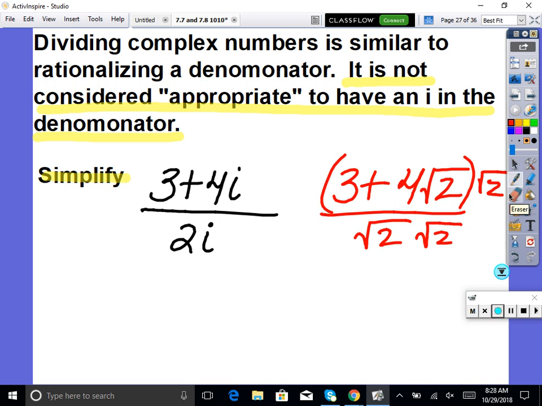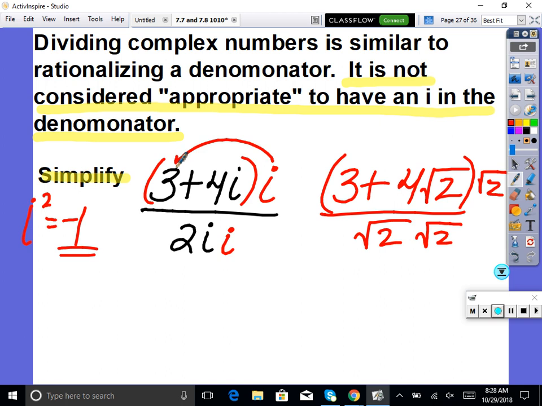So if you can remember, what is i squared? Negative 1. Well, negative 1 is not an i. So let's make this i go away by multiplying by i. So let's times by i on the bottom. 2 terms on top, so we times by i on top. So now we need to distribute i through.